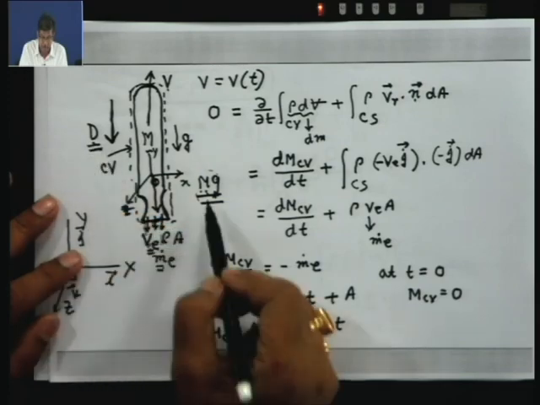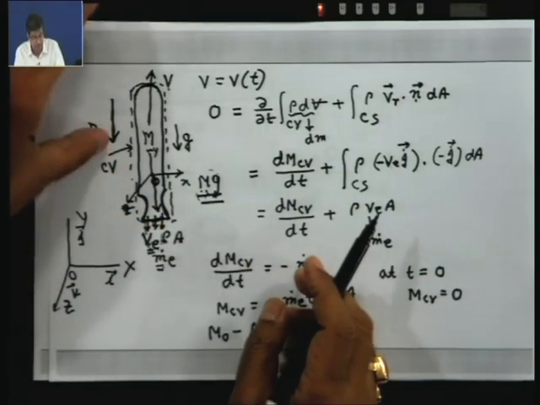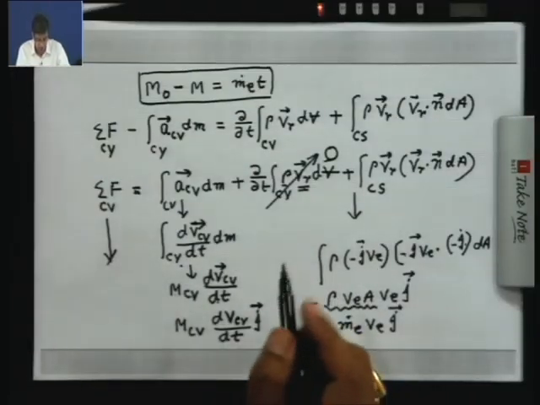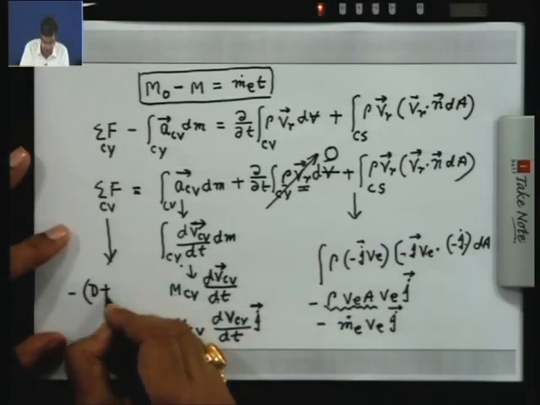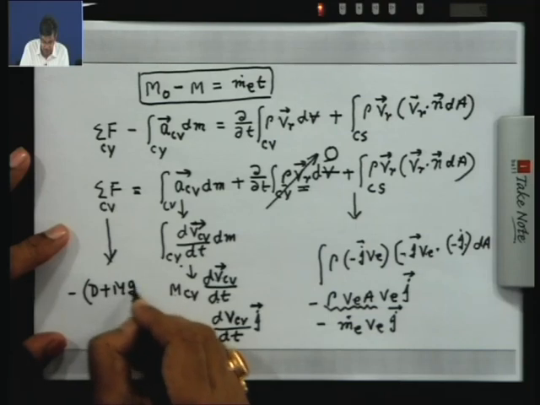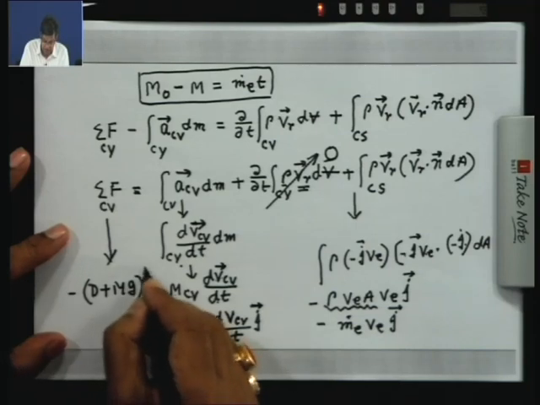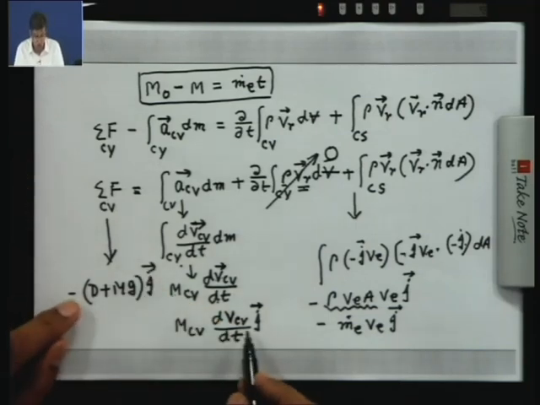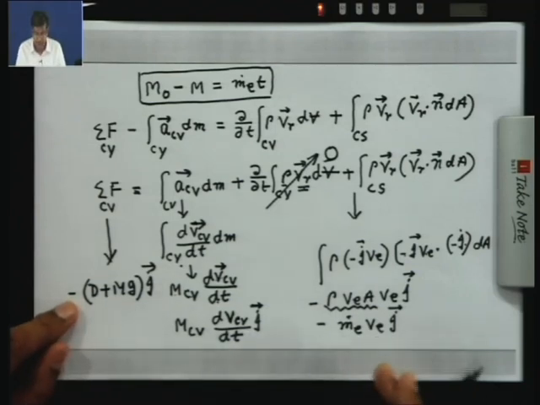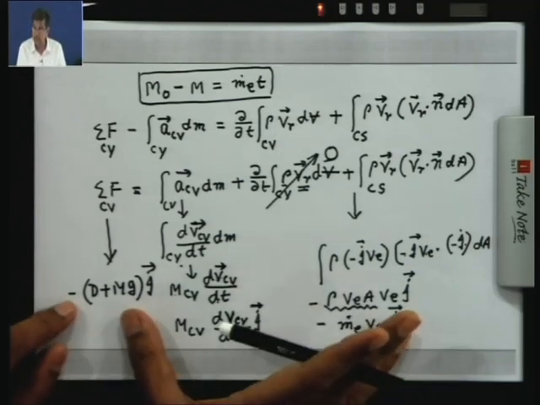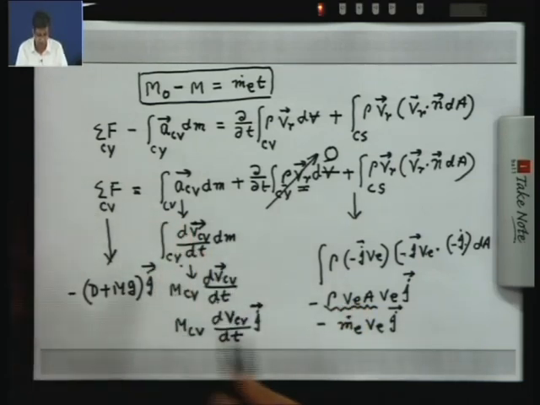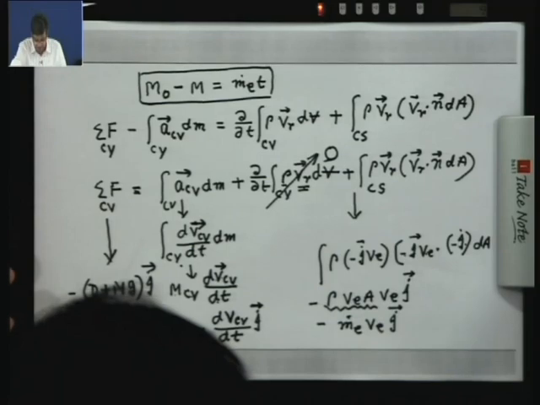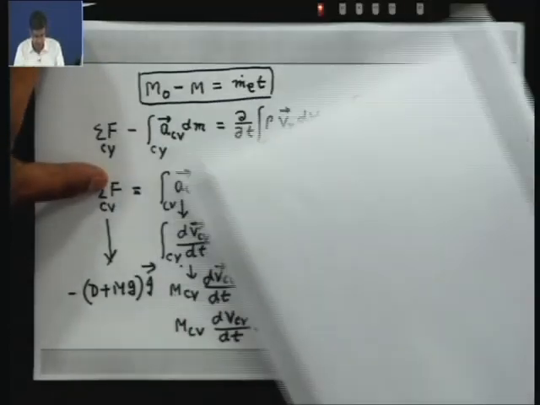So if instantaneous values are like this, then we can write the force as minus D plus mg in the j direction. That means we get all the terms in the y direction. So the equation of motion is only in the y direction, and this can be written as a scalar differential equation.